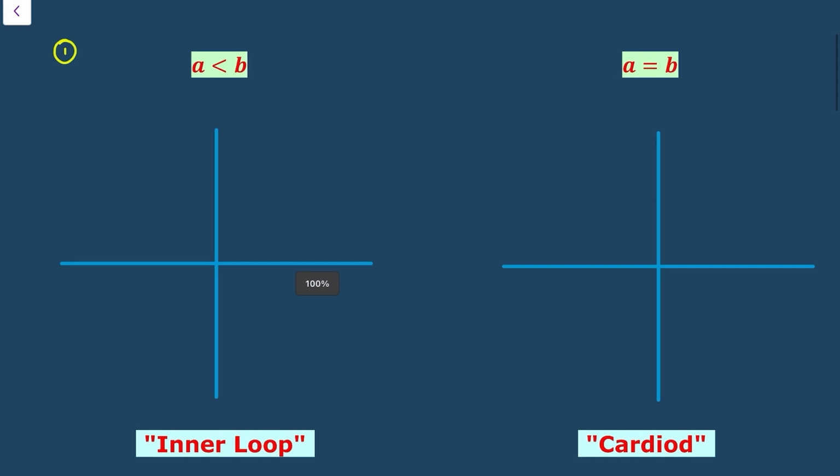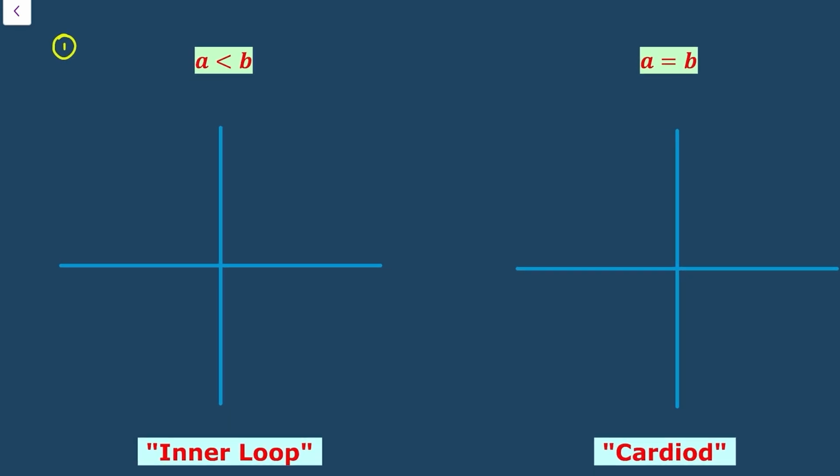In this case, we get a graph with an inner loop, as I pointed out below the axes. I'm just going to label my axes 0, pi by 2, pi, 3 pi by 2, and then I get back to 2 pi.